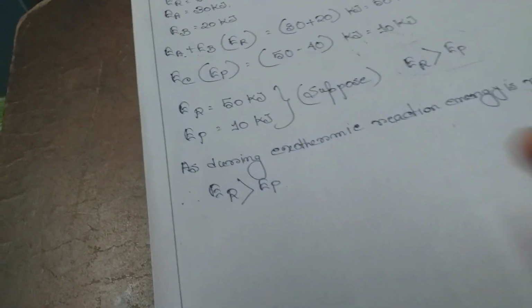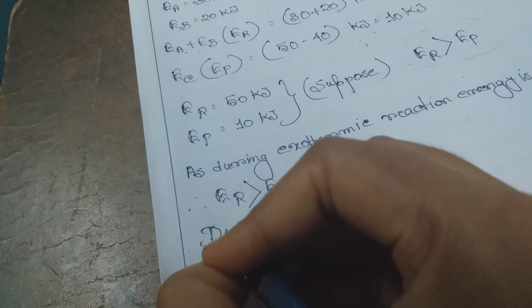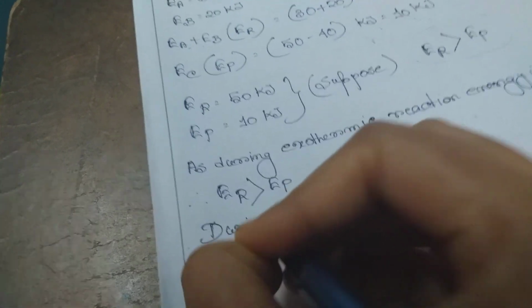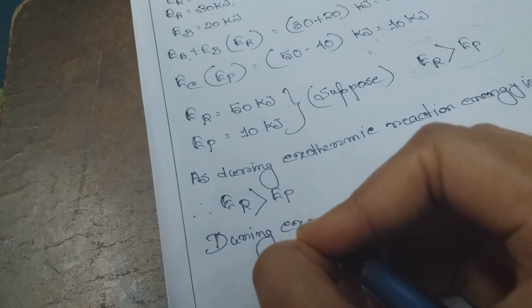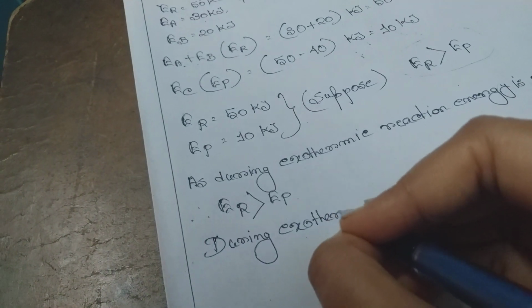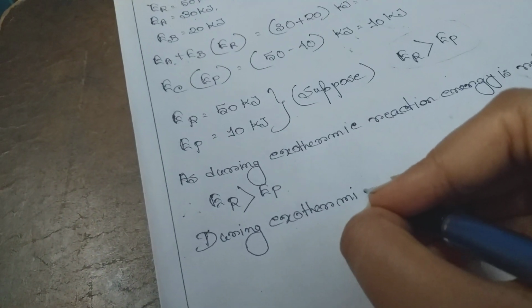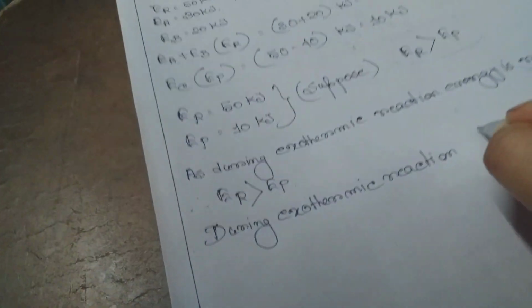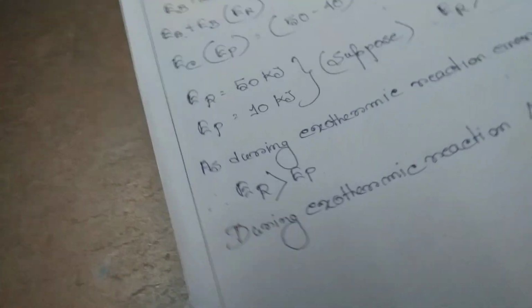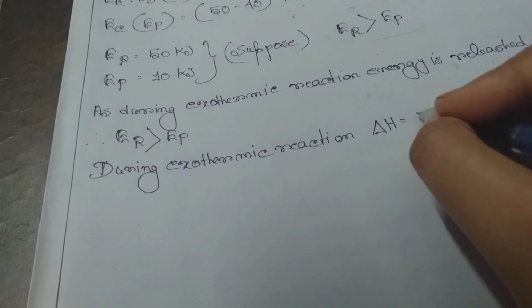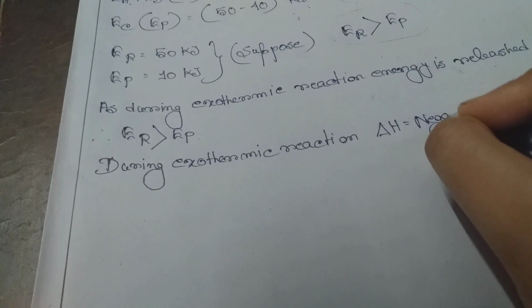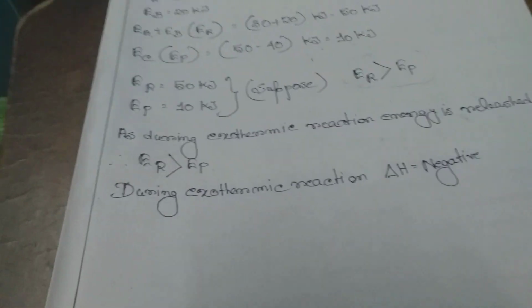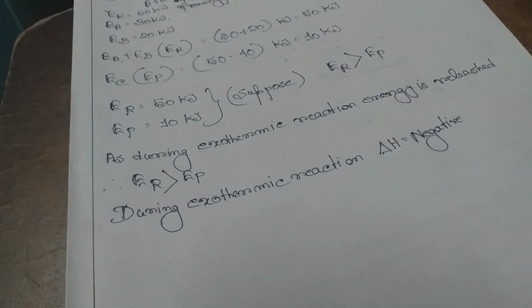Okay, and one last thing, during exothermic reaction, delta H is equal to negative. And why is delta H negative?